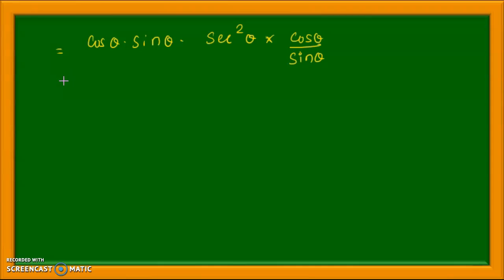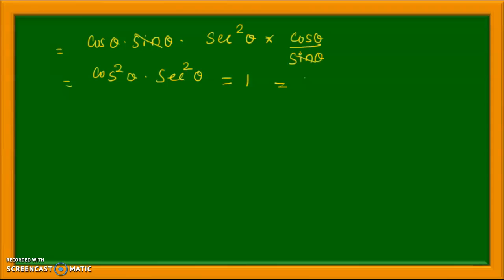So again you can see sin theta divided by sin theta is gone. So cos theta into cos theta becomes cos square theta into sec square theta equal to 1. Why? Because sec square theta is 1 by cos square theta. Cos square theta into 1 by cos square theta, you will get 1. So hence we proved this one.